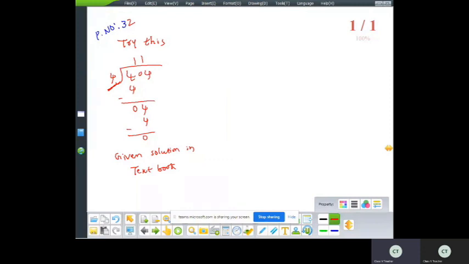Write the 4 table. 4 ones are 4, 4 twos are 8, 4 threes are 12, 4 fours are 16, 4 fives are 20, 4 sixes are 24, 4 sevens are 28, 4 eights are 32, 4 nines are 36, 4 tens are 40.